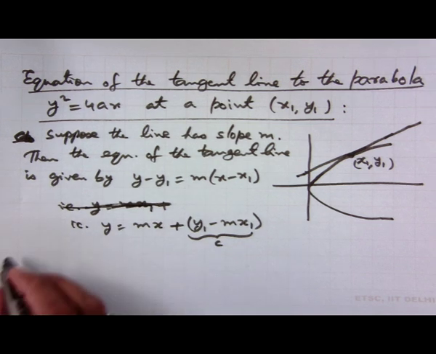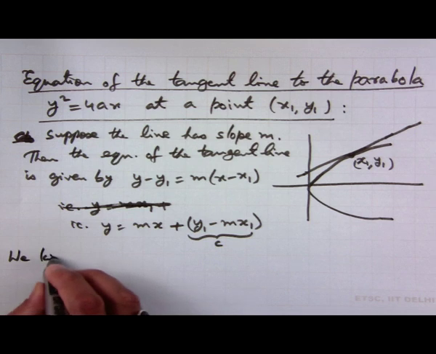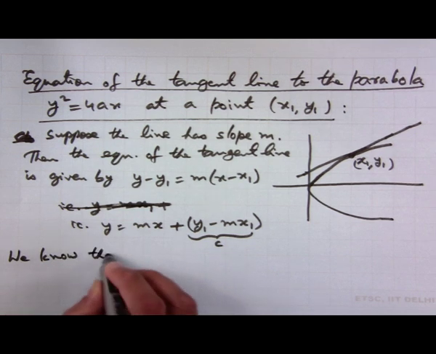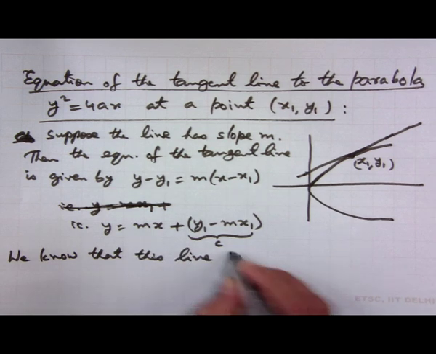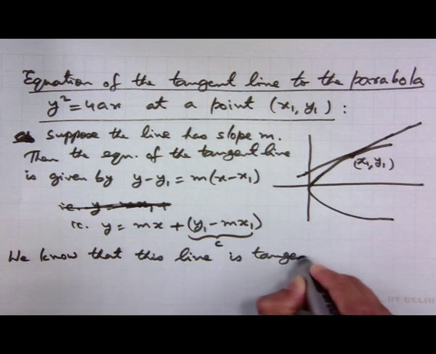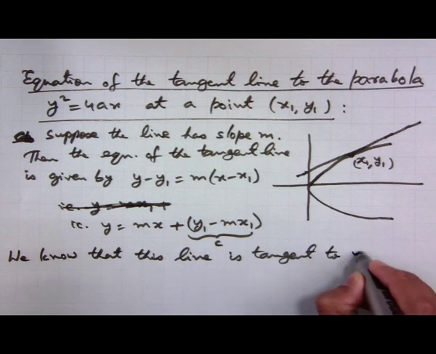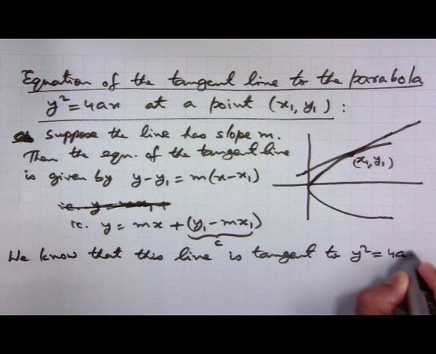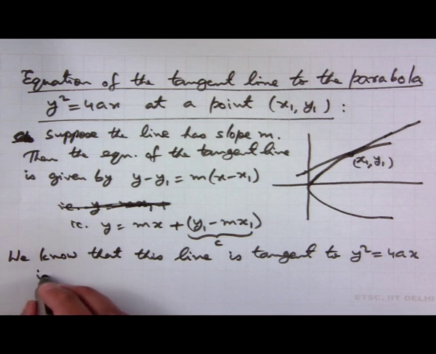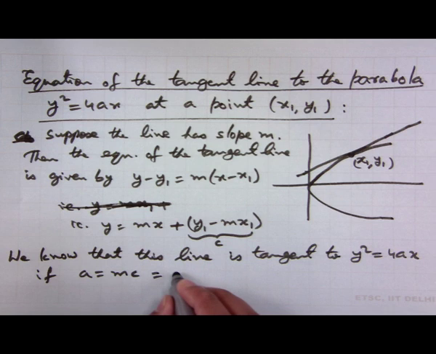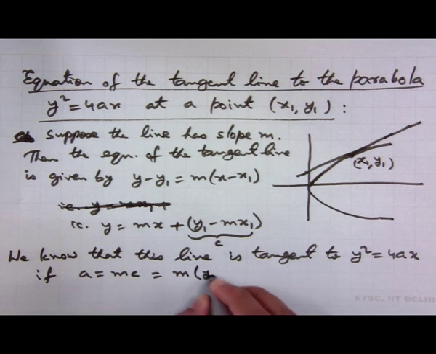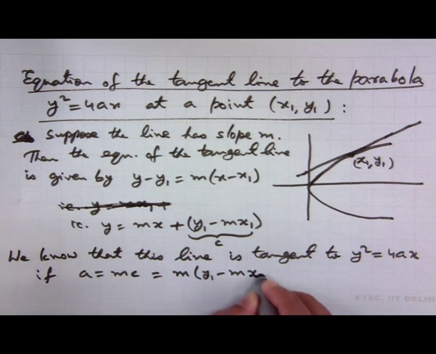We know that this line is tangent to y square equal to 4 a x if a is equal to m c, that is a is equal to m times y 1 minus m x 1.